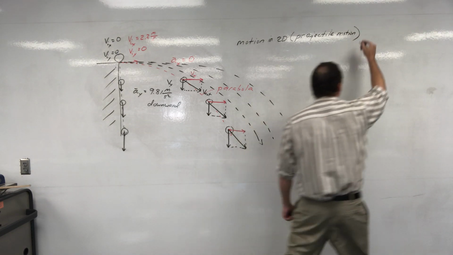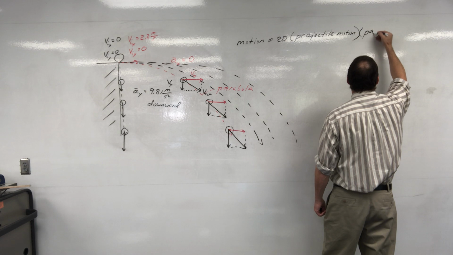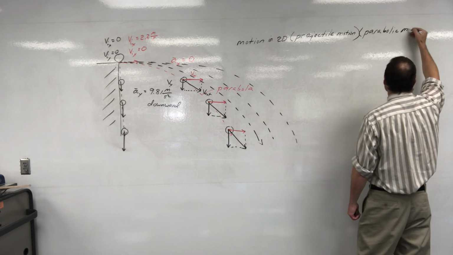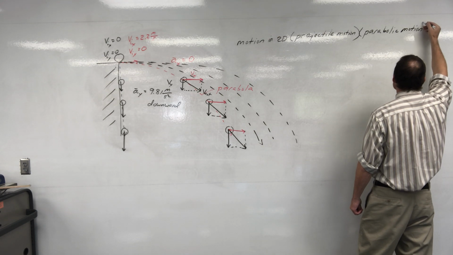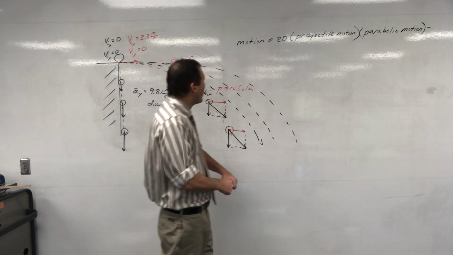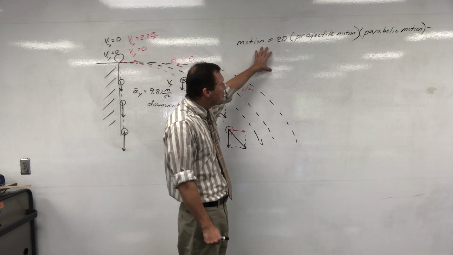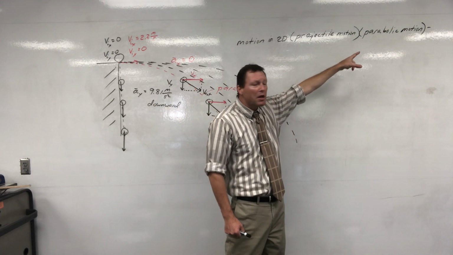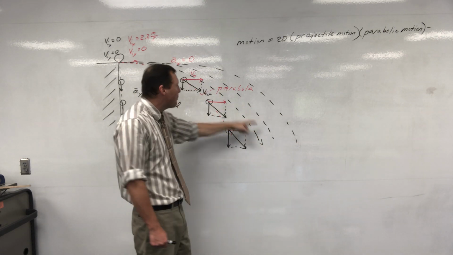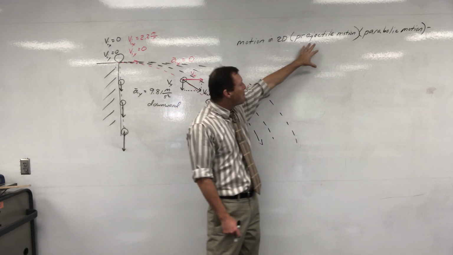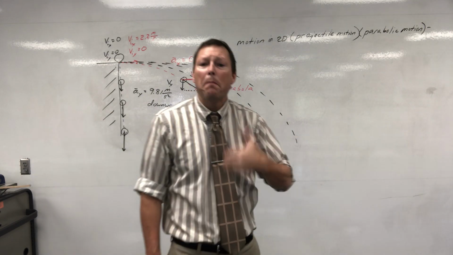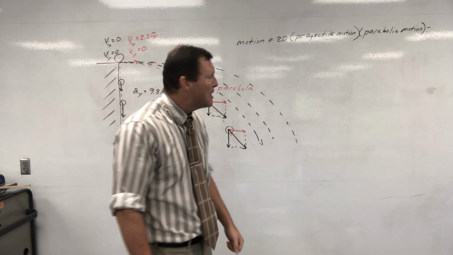And it's also referred to as parabolic motion. So all three of these mean the same thing, right? Motion in two dimensions, parabolic motion because the object follows the path of a parabola. And projectile motion because that steel ball was a projectile, and we'll talk about that in just a minute.